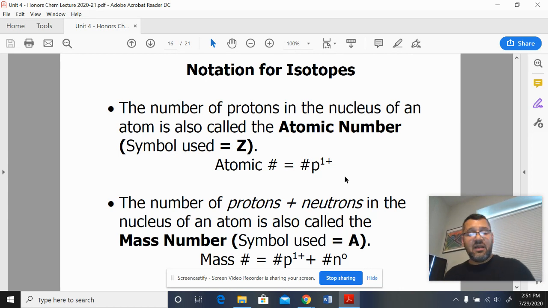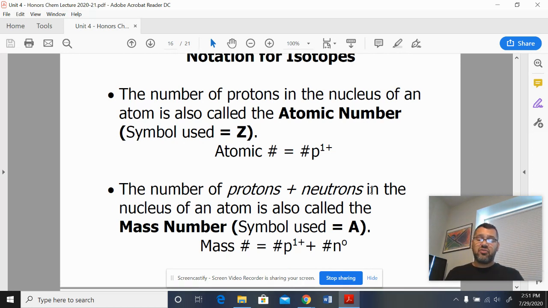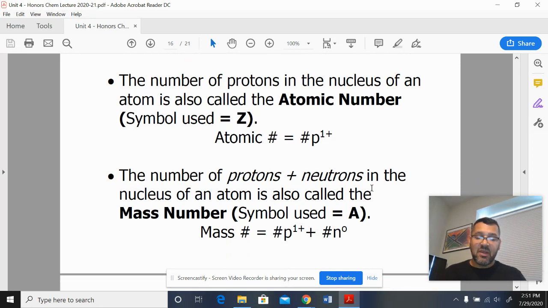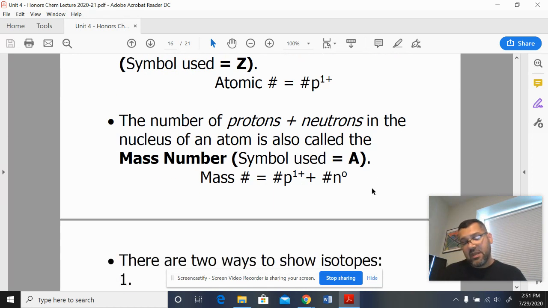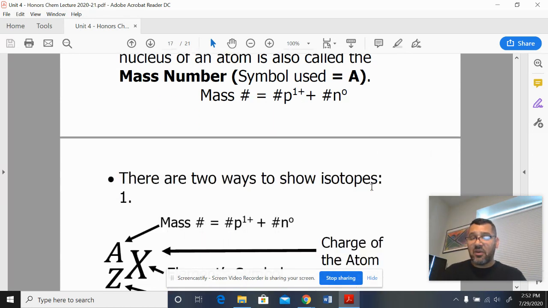And then the symbol that we give for that atomic number is a Z, and you'll see where that Z comes in. The number of protons plus the neutrons, which is the bulk of the mass of an atom, is what's called its mass number. So if you add up the protons and the neutrons, you get the mass number, and we give that a symbol of A.